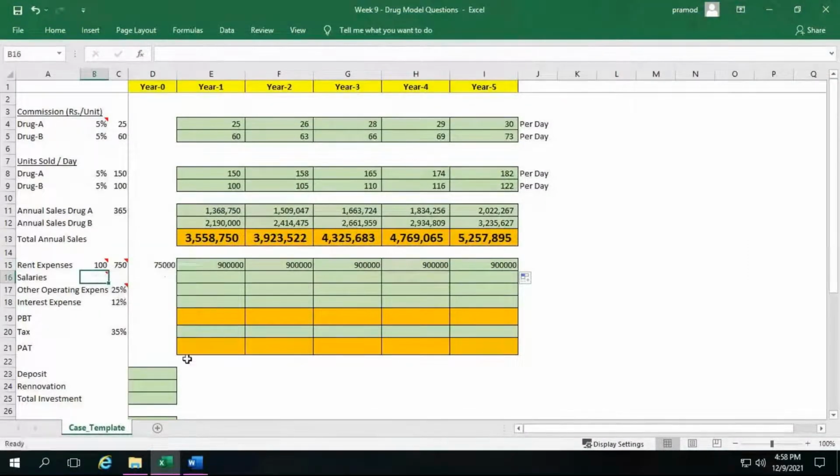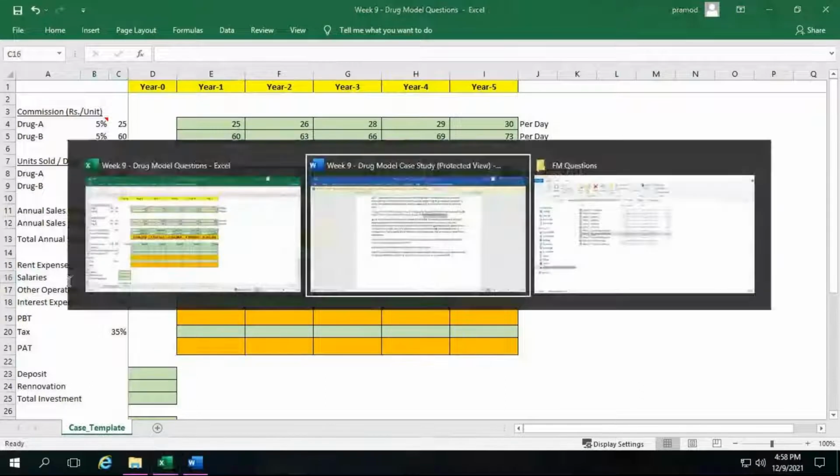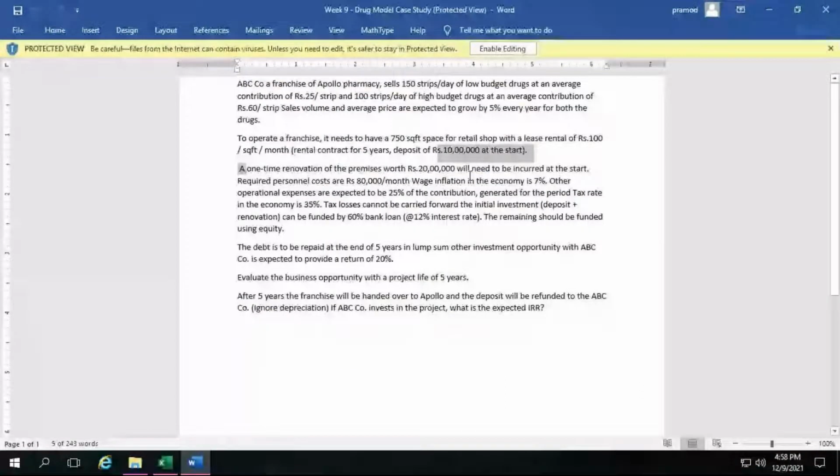Per month salary I need to put. So here, to start, required personnel cost with 80,000 per month wages. Inflation in the economy is 7%. When it comes to the wages, it's nothing but salary. They are also telling inflation in the economy of 7%. So there will be a 7% increase of that particular 80,000.